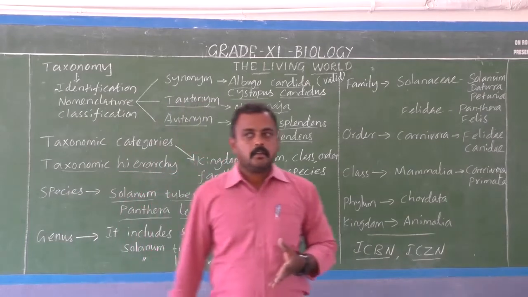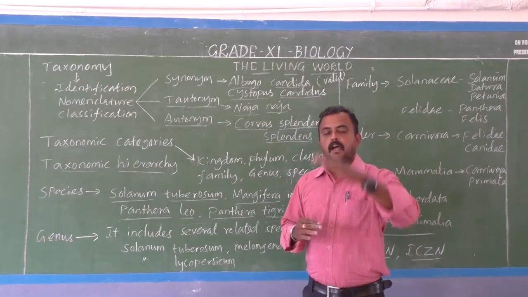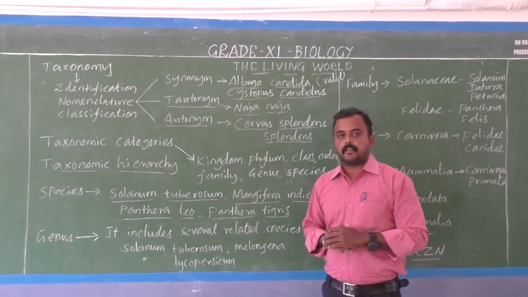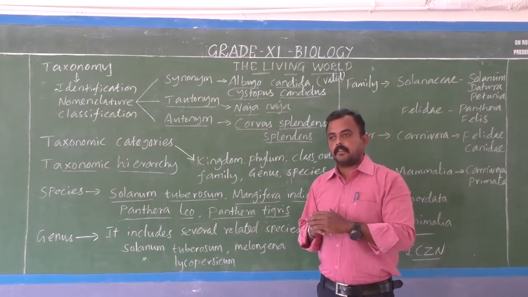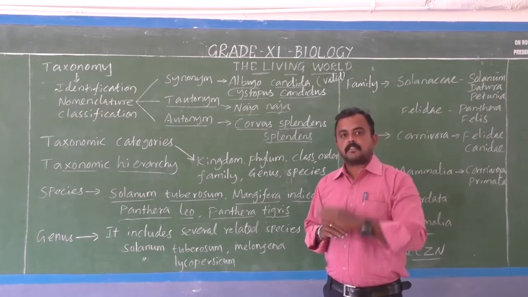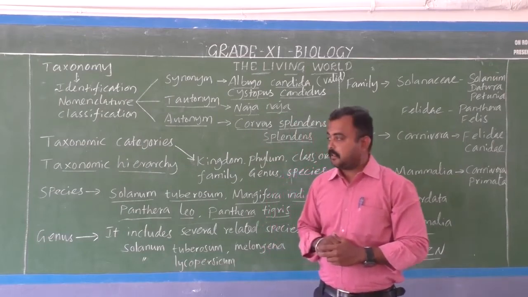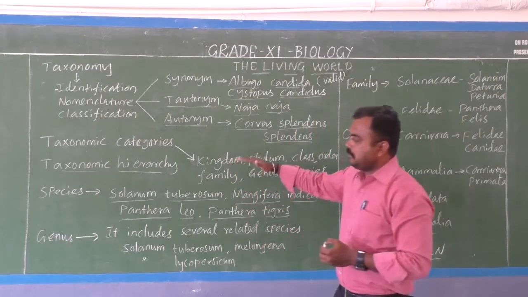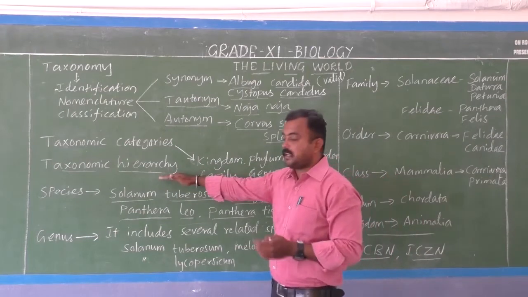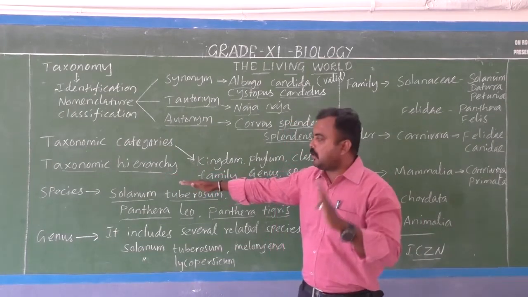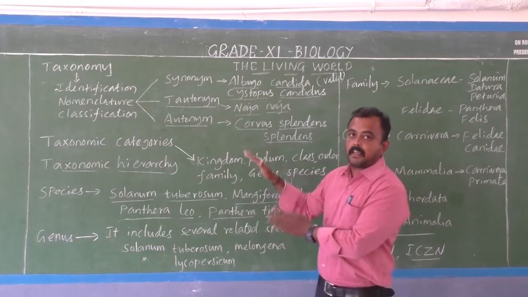Exactly, if you take a school, we have a different hierarchy: student, class teacher, then HOD, then principal, then correspondent or president. Like that, here also we have different categories in an order. If anything is in order, it is called a hierarchy. Since we include it in taxonomy, it is called taxonomic hierarchy.